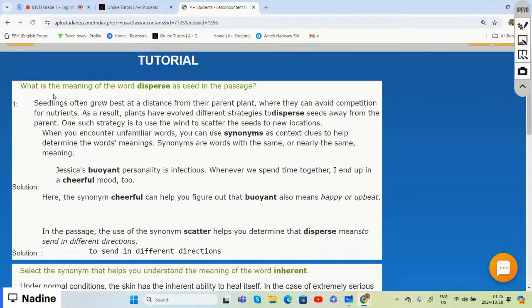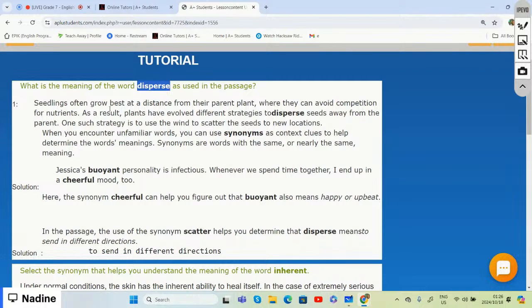Now it says, we need to say what is the meaning of the word disperse as used in the passage that we're going to read. It says seedlings often grow best at a distance from the parent plant, where they can avoid competition for nutrients.